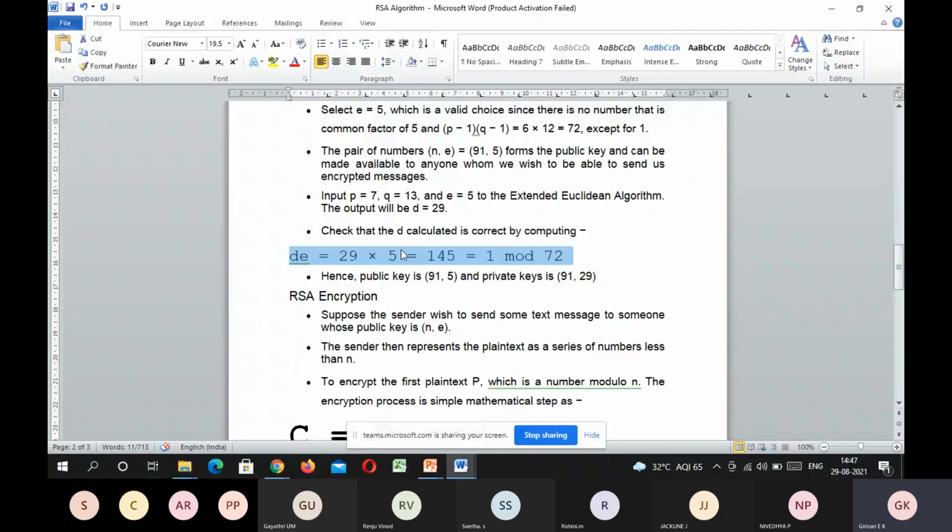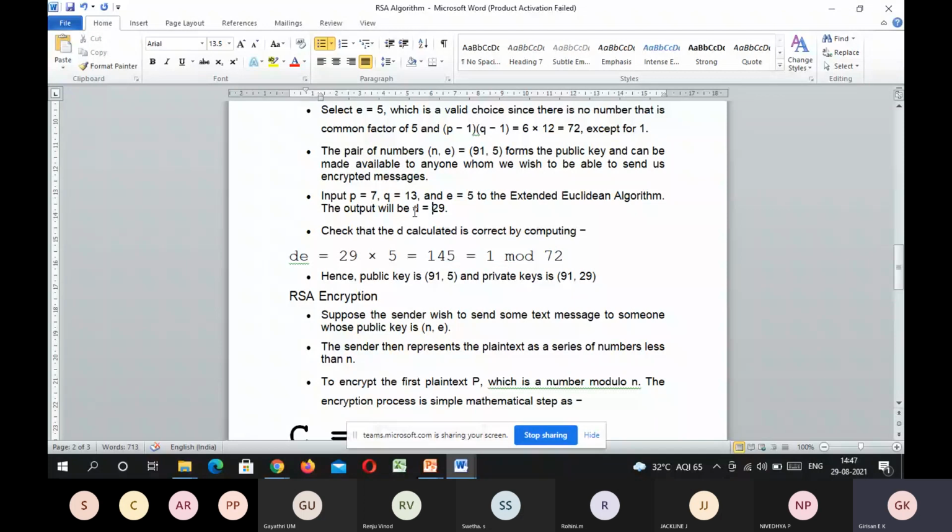D is equal to E inverse, E is 5, so 5 inverse mod (P minus 1)(Q minus 1), that is 5 inverse mod 72. This is done using the Euclidean algorithm. So from this example, we get the value of D as 29.